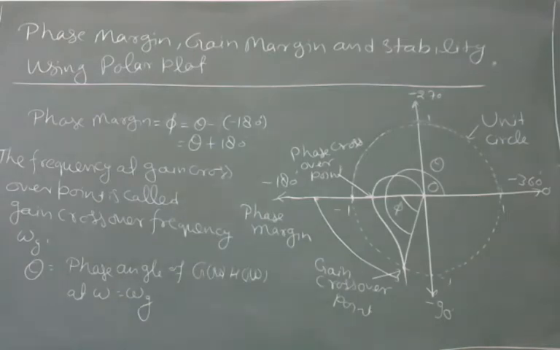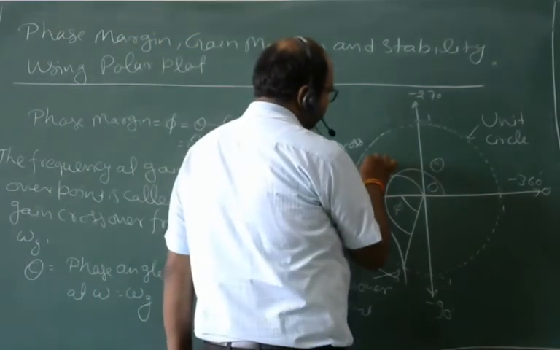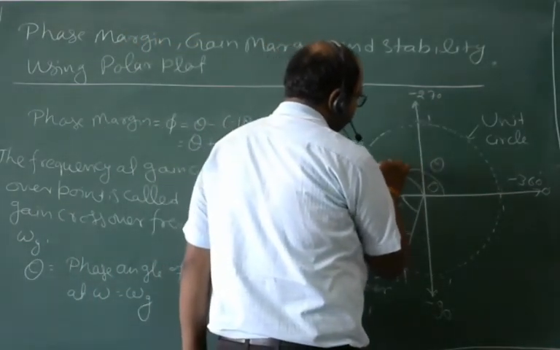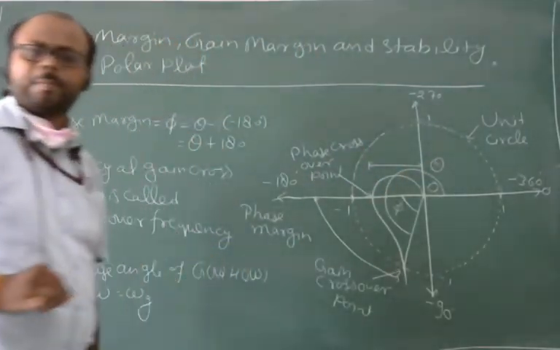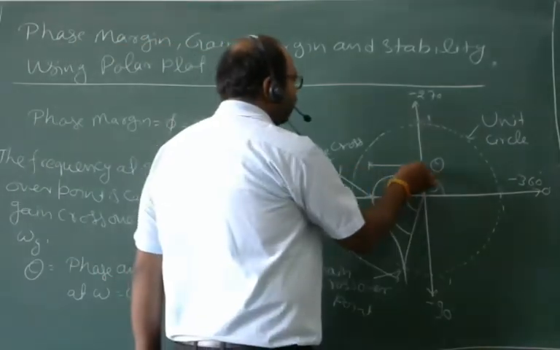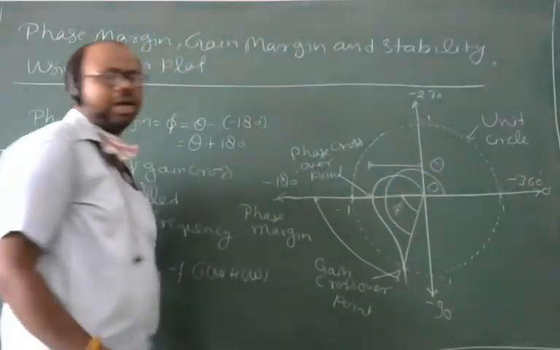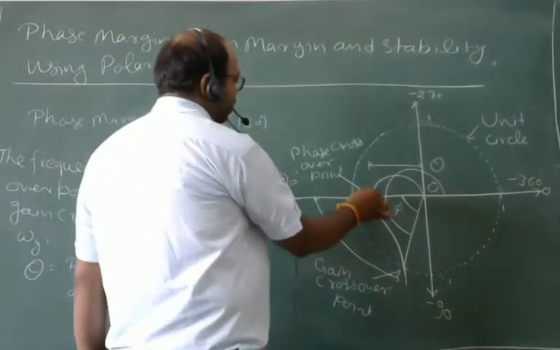Now gain margin. What is this? This is the magnitude of G j omega H j omega at this point.